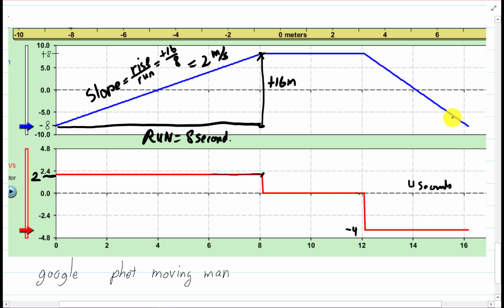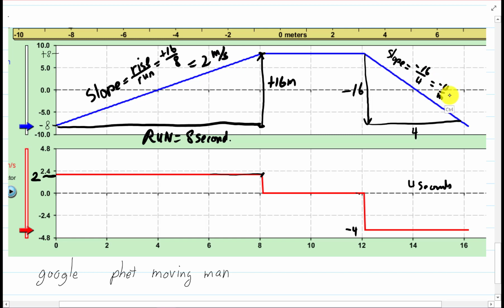And the rise over run, here we go. This went down 16, and the run was 4 seconds. So the slope is -16 over 4, which is -4 meters per second.